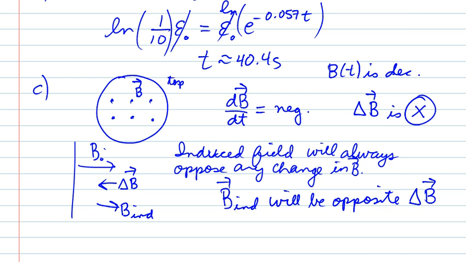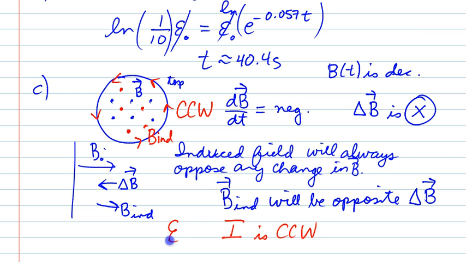And if I draw this in my diagram, I know that the induced field must be coming out of the page in order to oppose the change in the field, which is into the page. And because of this, with the right-hand rule, I'm going to get a counterclockwise current. Okay, so the induced current is counterclockwise.